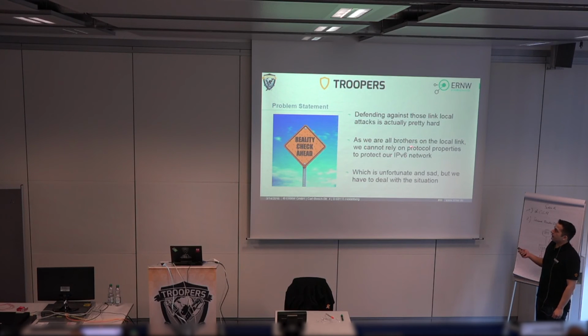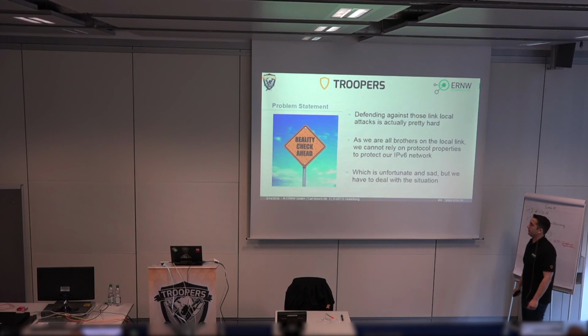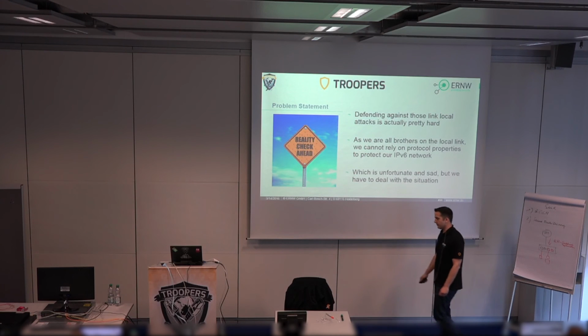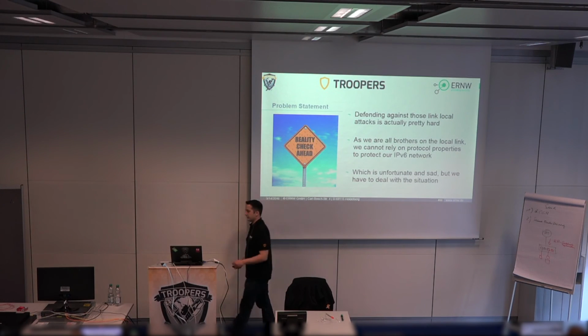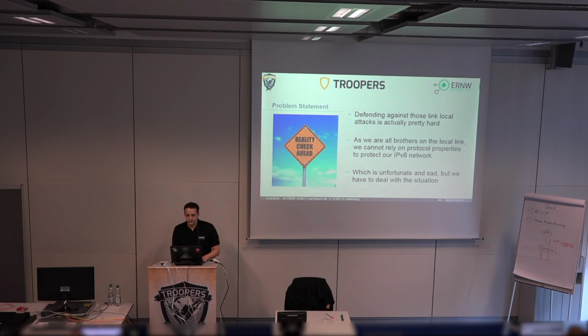As we have seen, we cannot rely on protocol properties to protect our IPv6 network, so we have to make use of these features on the switches. But it's actually pretty hard because the features are there, they just can unfortunately be easily circumvented, as I will show you in a minute.